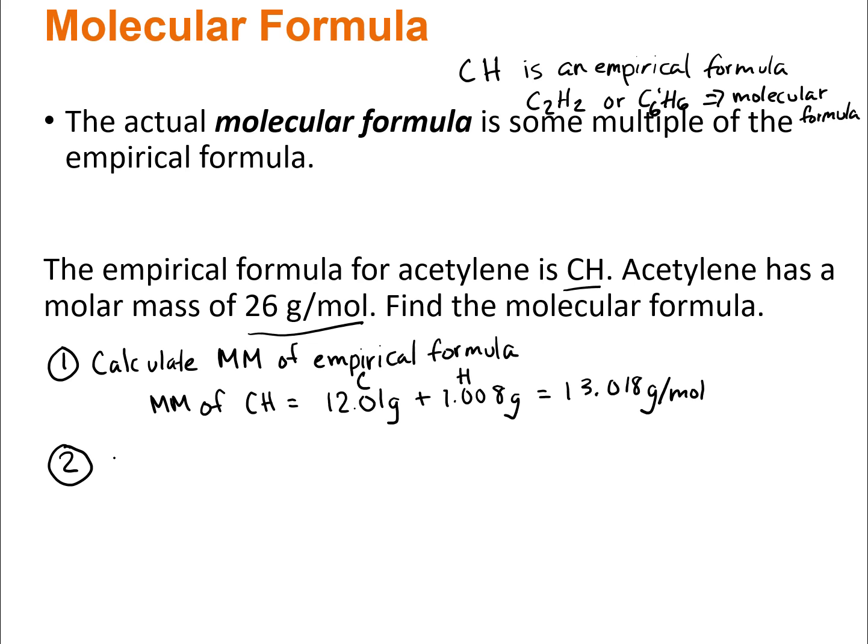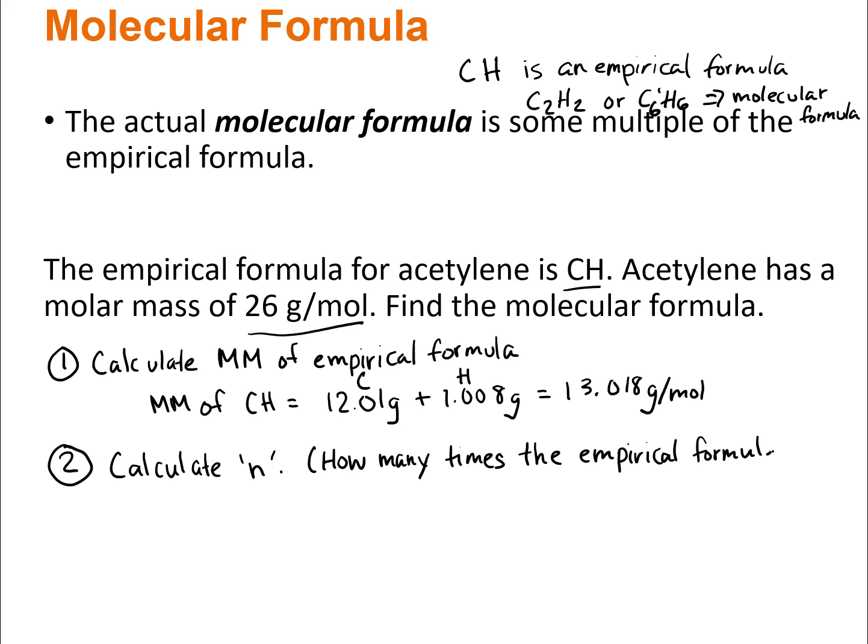The next thing you do is calculate N. N is the multiple of the empirical formula, so this is how many times the empirical formula. And I'll show you what that means. We have a molar mass of 26 grams per mole.